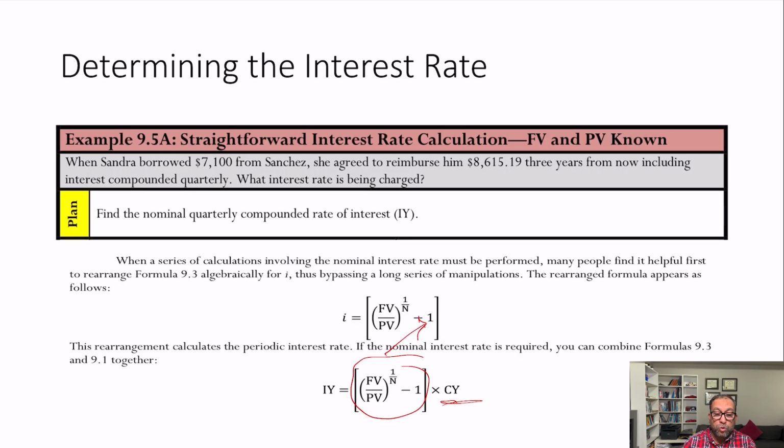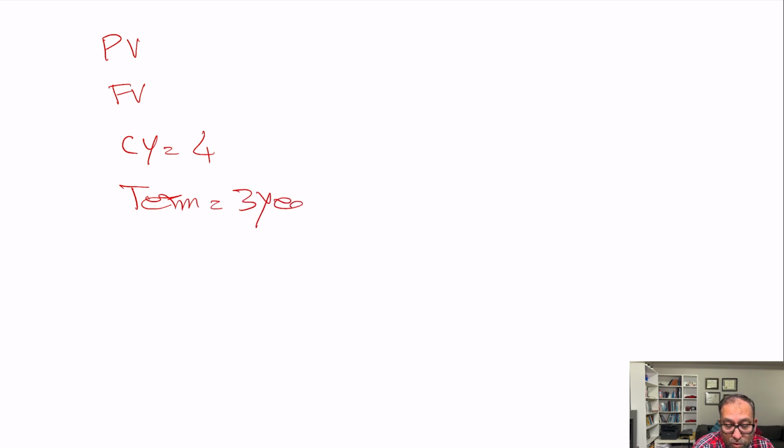So we have a present value and a future value. CY is equal to 4, and the term of the loan or investment is 3 years.